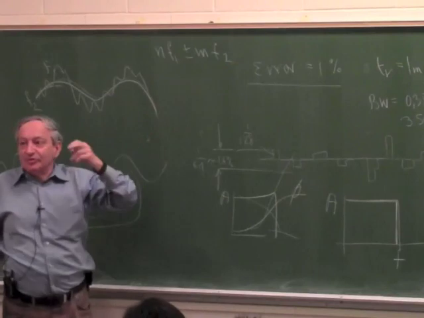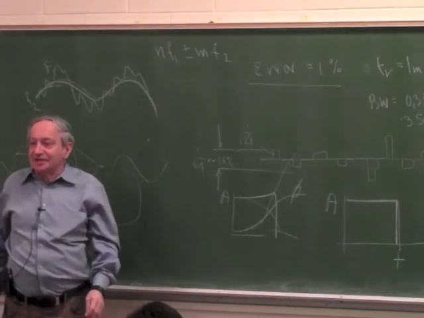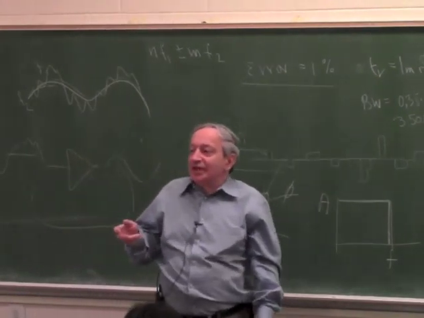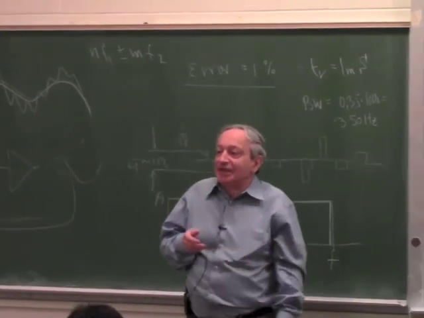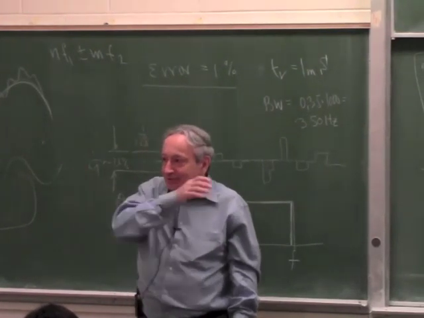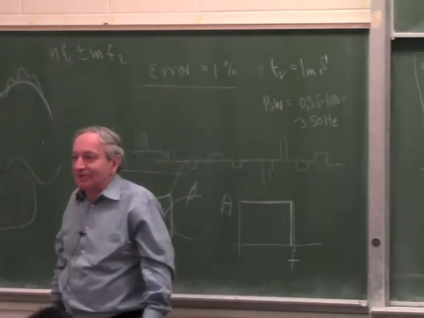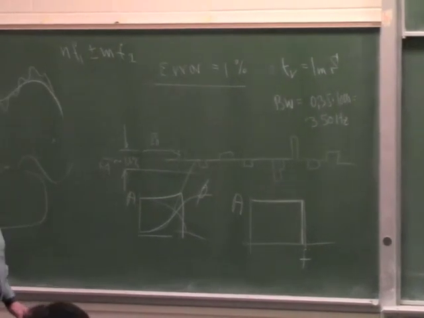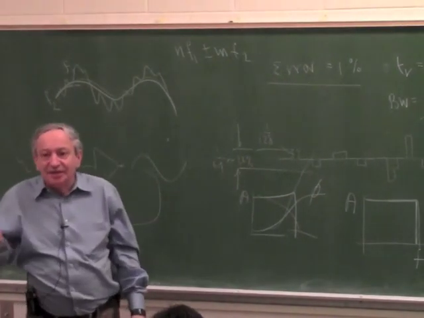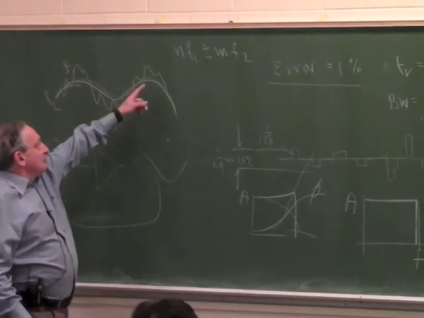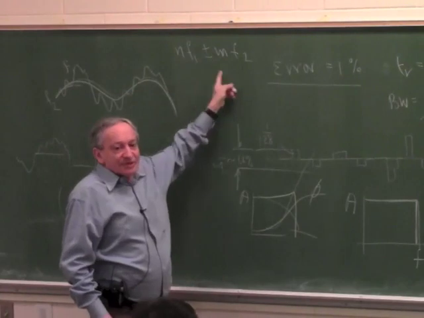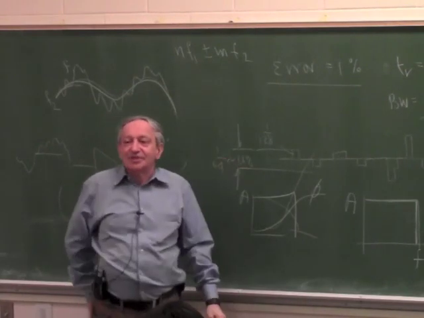I even went through a proof, taking a quadratic system, putting in sine omega 1, sine omega 2, and coming out, we also got sine of omega 1 plus omega 2 and omega 1 minus omega 2. I went through the whole mess of one example. Okay? So we have two reasons now for filtering, aliasing and what's called intermodulation, generating new frequencies, and the difference could be a low frequency, which will go through the amplifier. But there is a third reason.